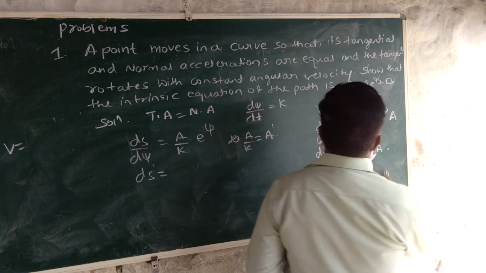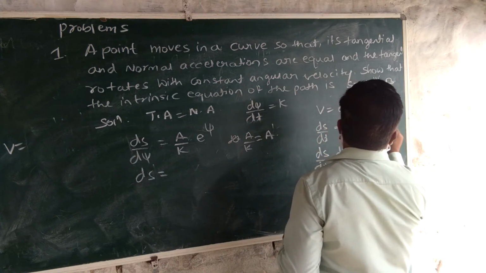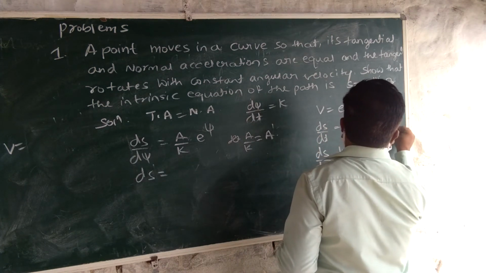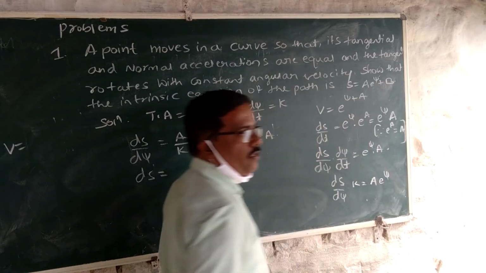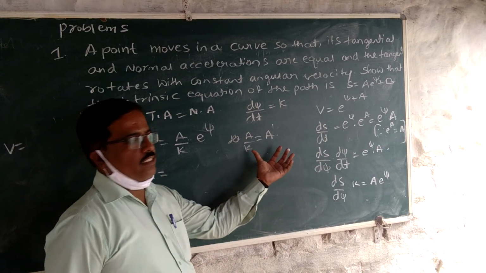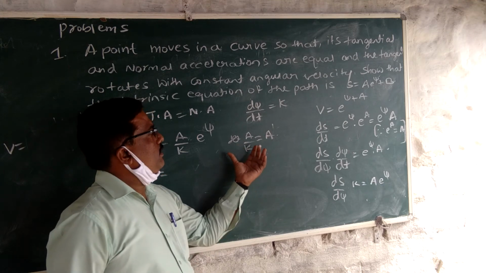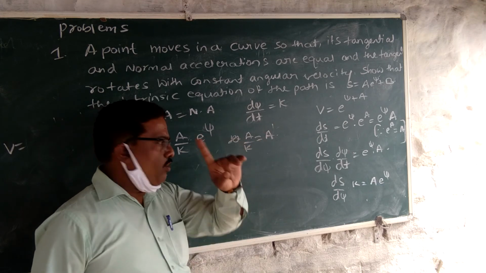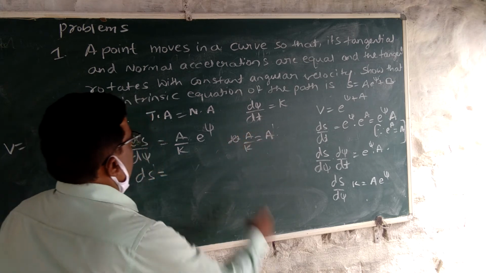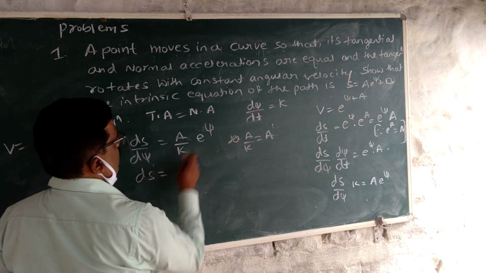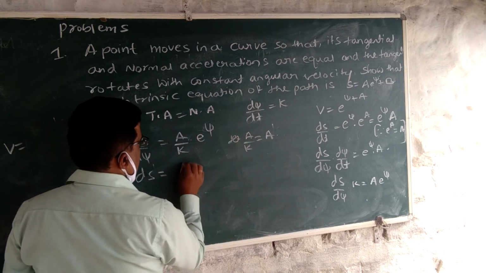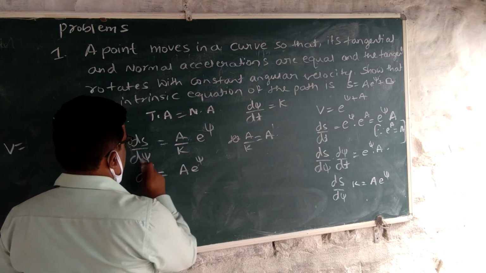similarly here, taking e raised to a as a. Grouping the constants: if a term contains more than one constant, then that whole can be replaced by one constant. So ds is equal to capital A e raised to psi d psi.